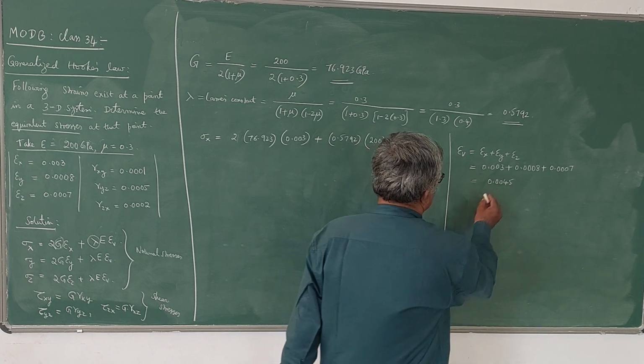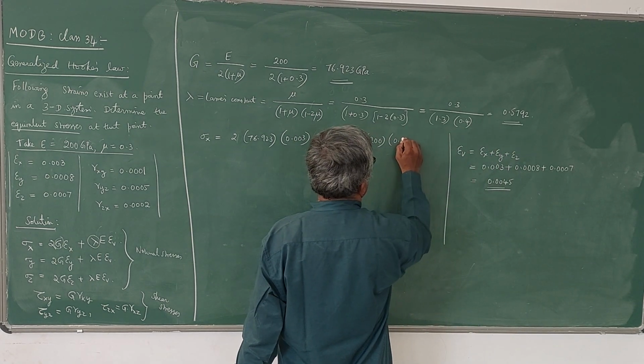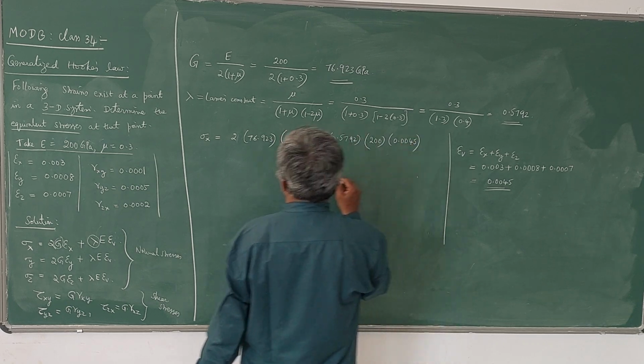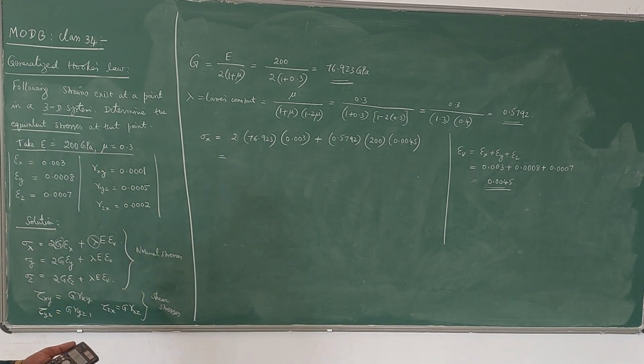That is the value of epsilon v. Now substitute that value of epsilon v here, 0.0045. If you simplify this, that is the value of sigma x in GPa.